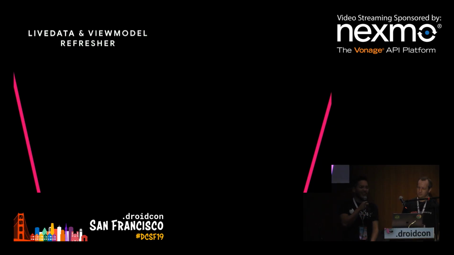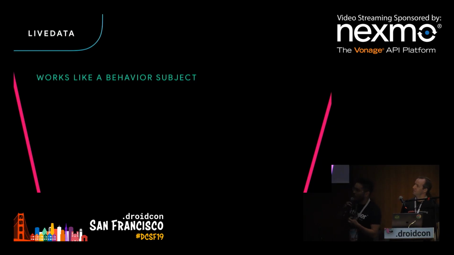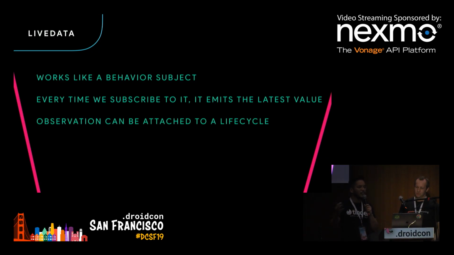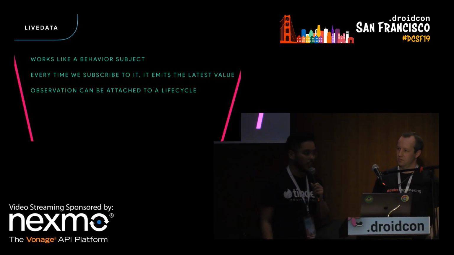So I hope you do. But if you don't, very quick, a LiveData, the way it works, it's basically a behavioral subject, which means simply that every time you subscribe to it, it emits the latest value. And observations can be attached to a lifecycle, which is pretty cool because then you don't have to care about removing observers, adding observers, and things like that.